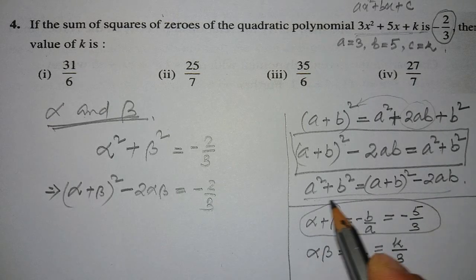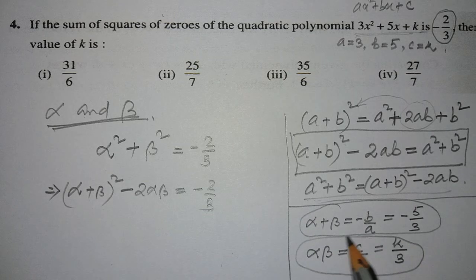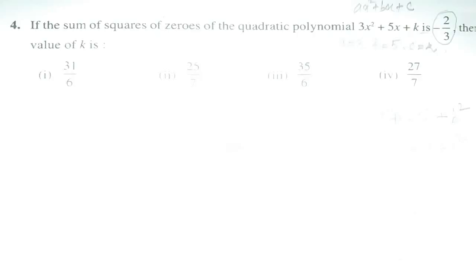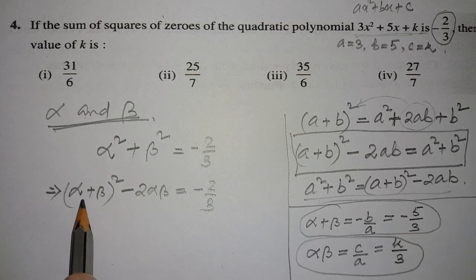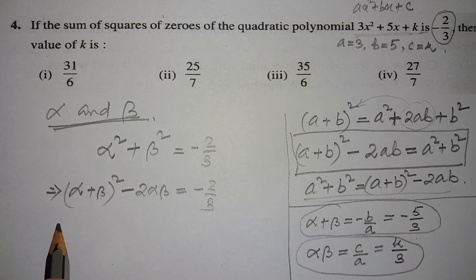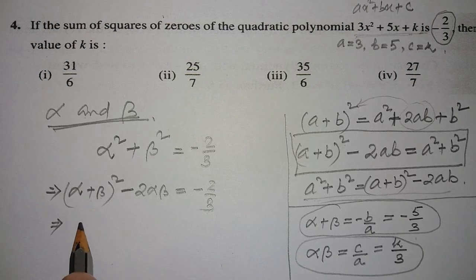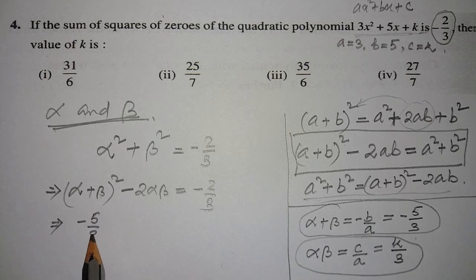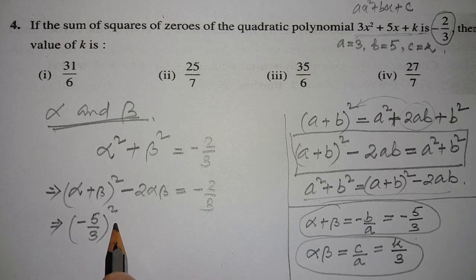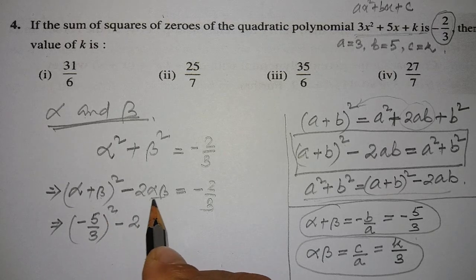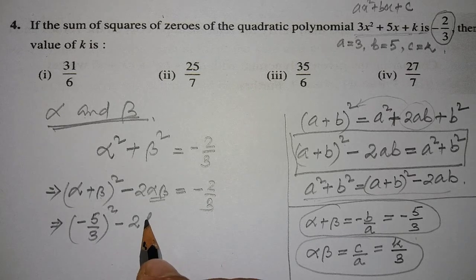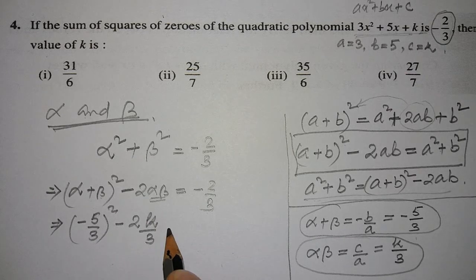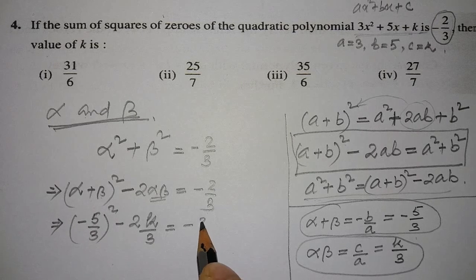Now what we're going to do is substitute these values here. So alpha plus beta is minus 5 by 3, so minus 5 by 3 whole square minus 2 alpha beta, which is k by 3 into k by 3, is minus 2 by 3.